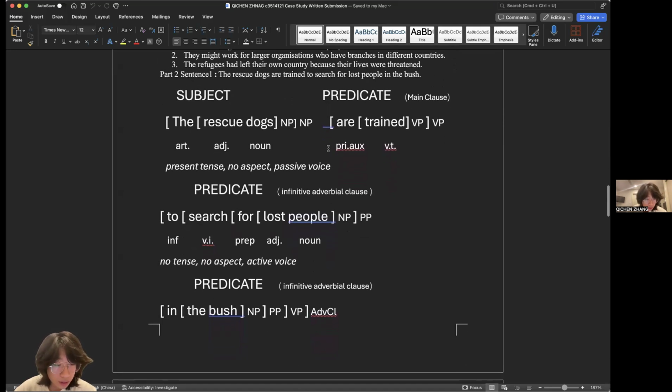This clause contains a compound verb phrase, are trained to search, where the main verb train appears in the passive voice, trained, indicating that the subject of the sentence, dogs, is the recipient of the action. Additionally, the phrase to search for lost people in the bush functions as an adverbial of purpose, clarifying the objective of the training.